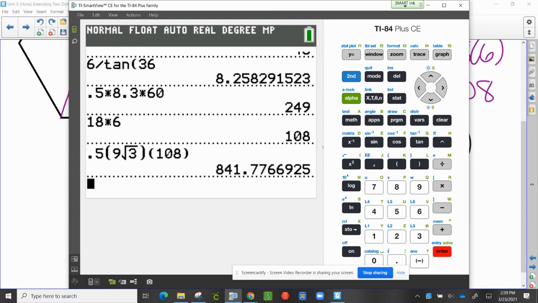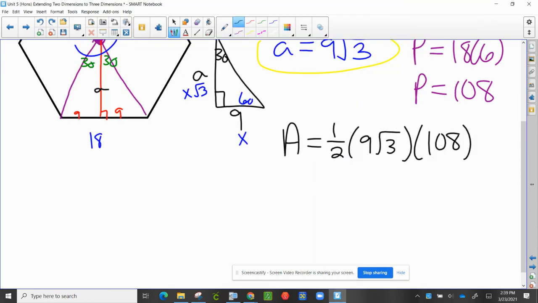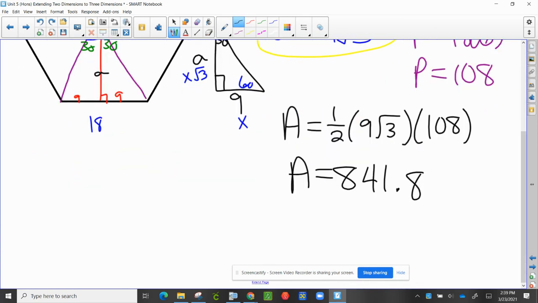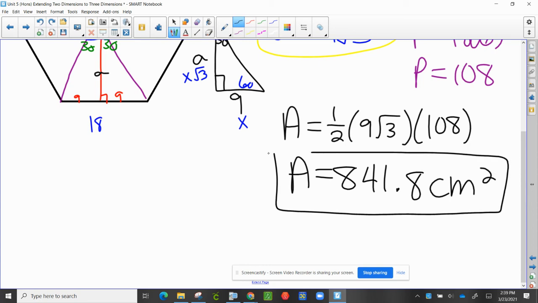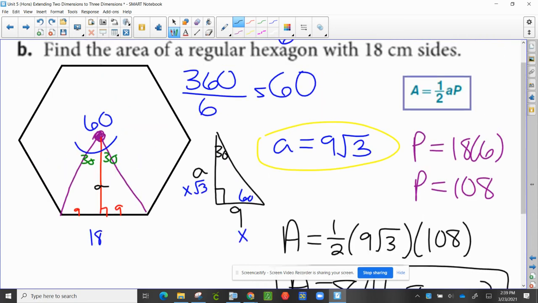We got, let's say, 841.8. And what's our measurement here? Centimeters. So centimeters squared. So sometimes it helps me when I have my picture of my figure to draw that little right triangle on the side, because then I can label it a little bit more clearly.